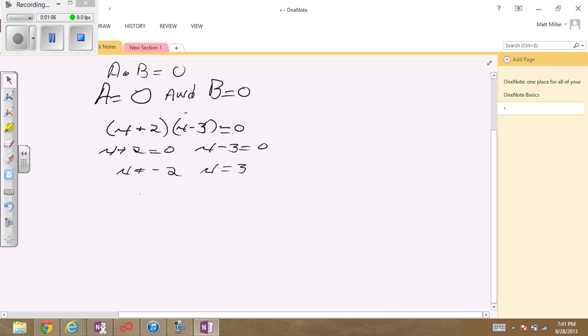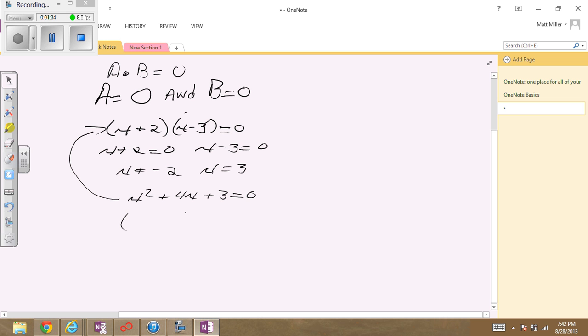Done. Now, in the event we have something like x squared plus 4x plus 3 equaling 0, well, certainly that could be made to look like that if we factor it, which we can do simply enough.